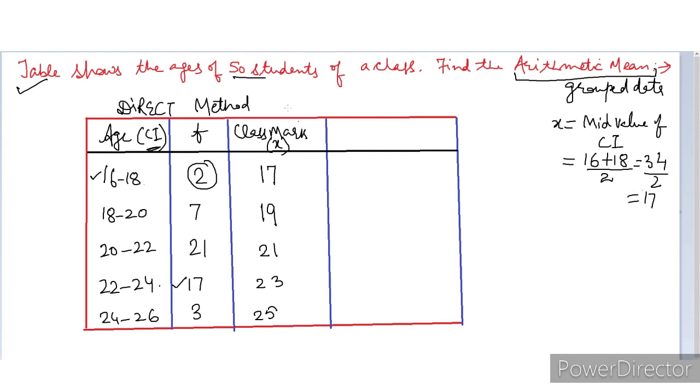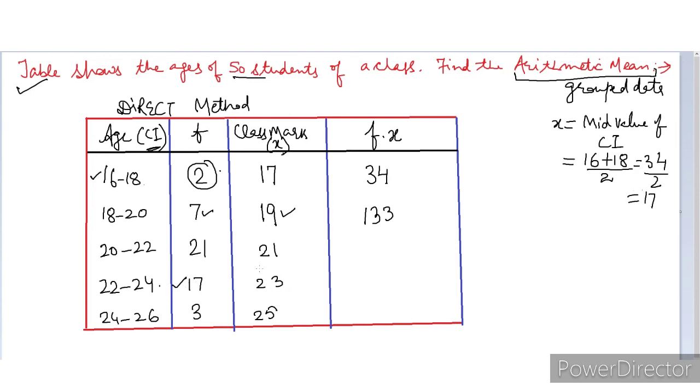Once this step is done, students, the next step will be simply the multiplication of the frequency with the class mark. So the second and the third column will be multiplied together. So I will write here 17 twos are 34, right? Then I will multiply 7 with 19: 19 sevens are 133, right?